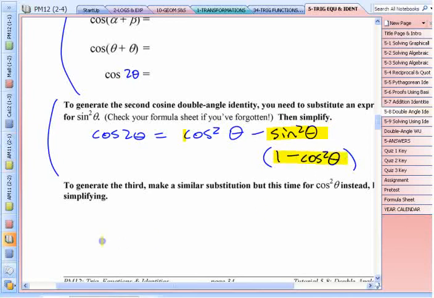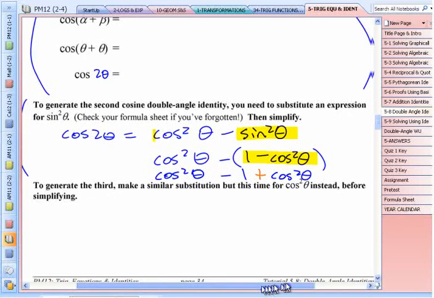What do you have when you do that? You have cos squared theta minus 1 minus cos squared theta. What do you end up with here? You get rid of those brackets. Don't make bracket mistakes here. Minus 1, and what goes over here though? Plus cos squared. If I have to simplify that, what does that simplify to?